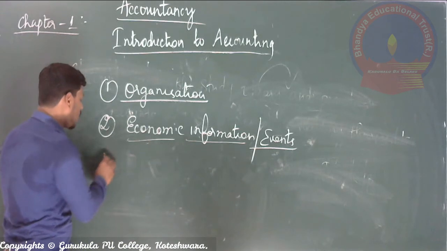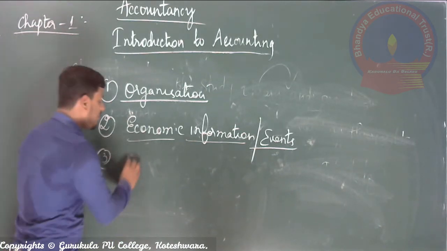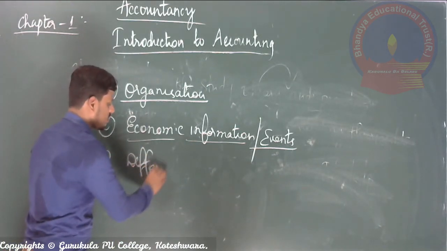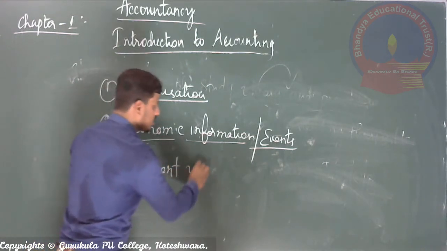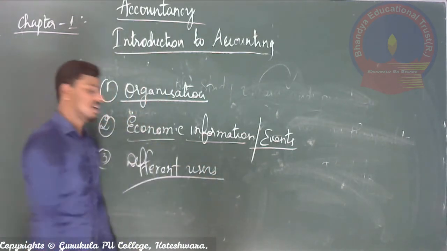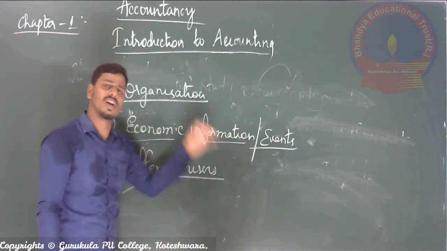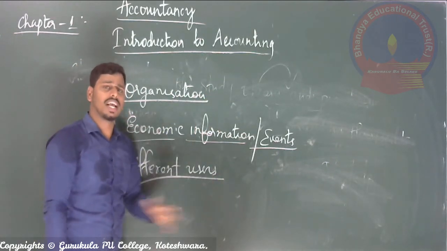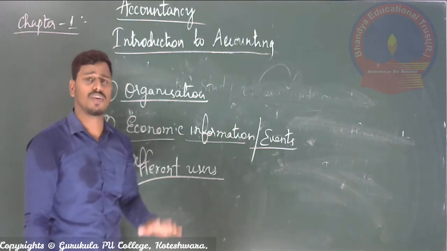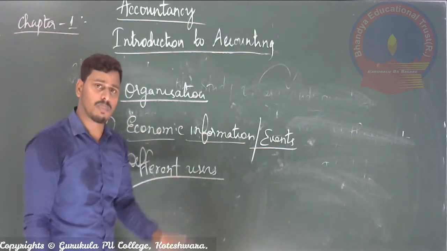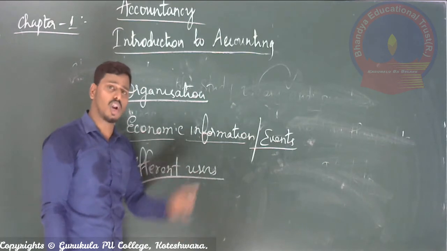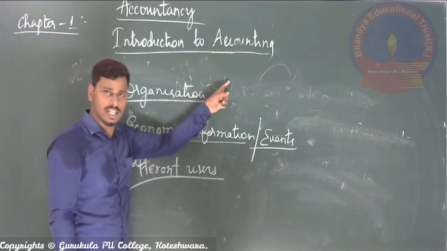And number 3 is called different users. Right? So we do all the accounting process. Accounting is not at all just calculating the profit or losses. Right? For the purpose of calculating profit or loss, we do the accounting process, right?